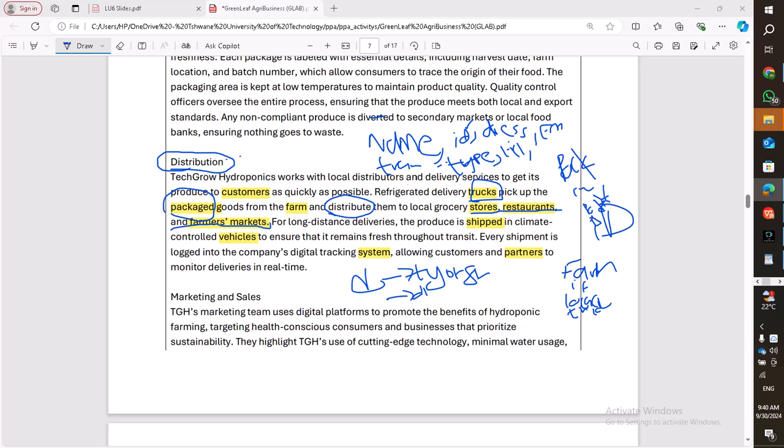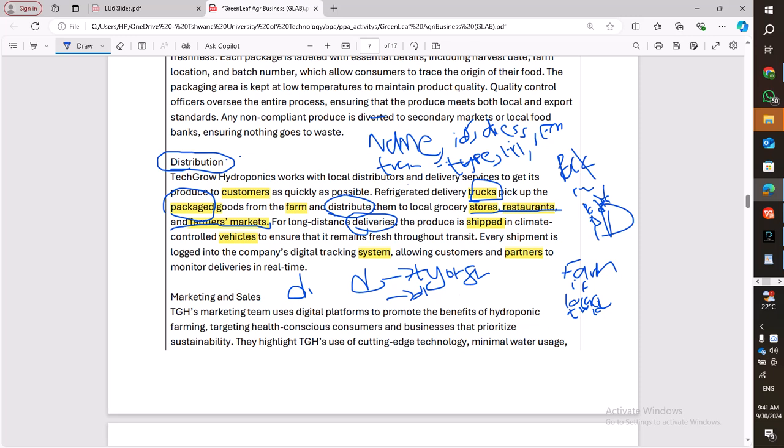And then for long distance, we're looking for delivery. This one, the delivery. Instead of delivery, I think what we should use is shipping in the climate control vehicle here.